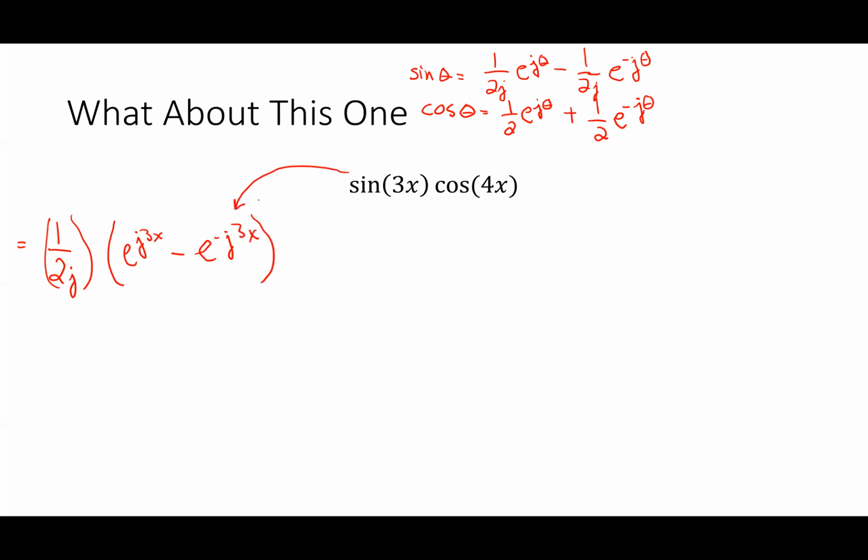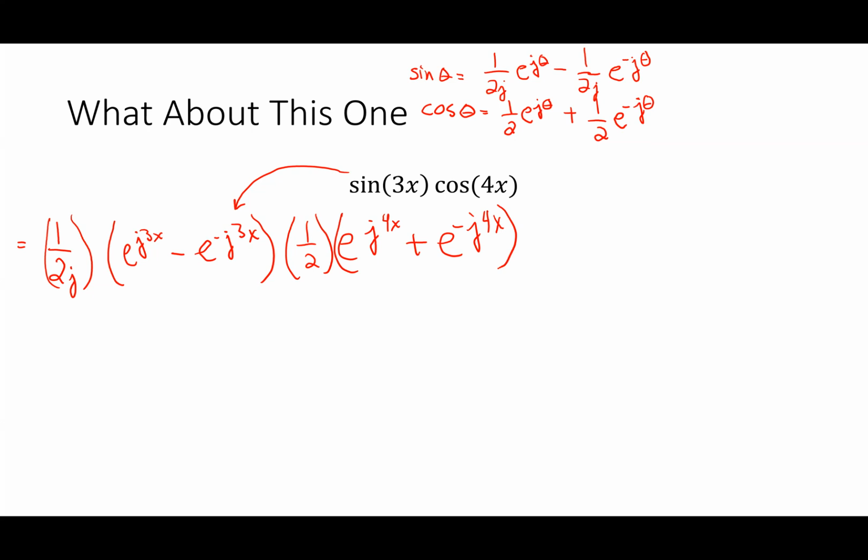Then for the cosine term, I say times 1/2 e to the j 4x plus e to the minus j 4x, like that. You guys follow that? Just a straight up substitution, right?